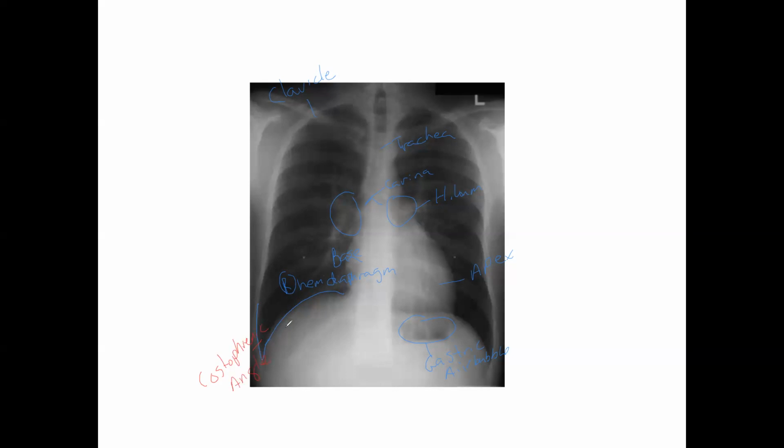So we make sure we can pick up the clavicle, see the scapula. The scapula kind of moved out of this, so you've got the scapula here also. This item that comes up and over, you have to kind of see it there, is your aortic arch, or it can be referred to as the aortic knob.